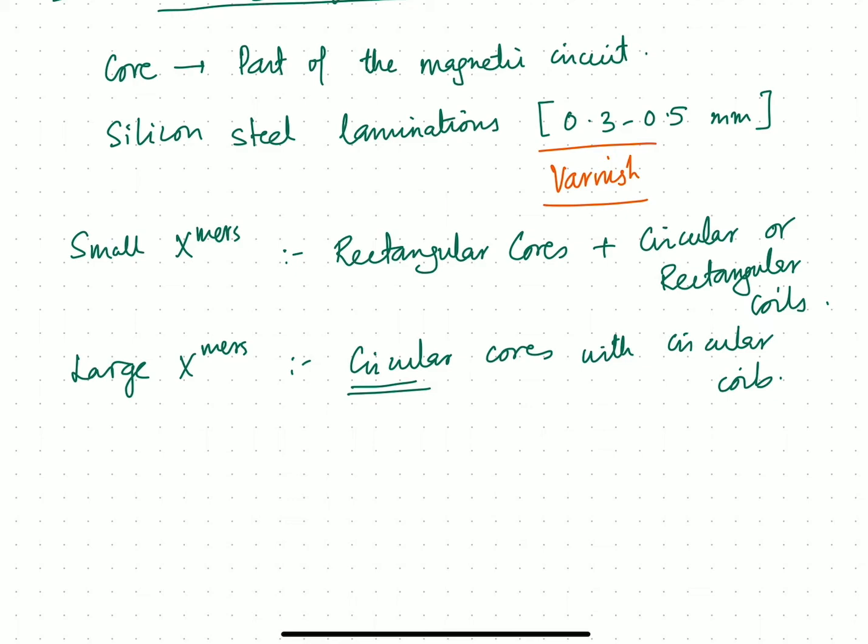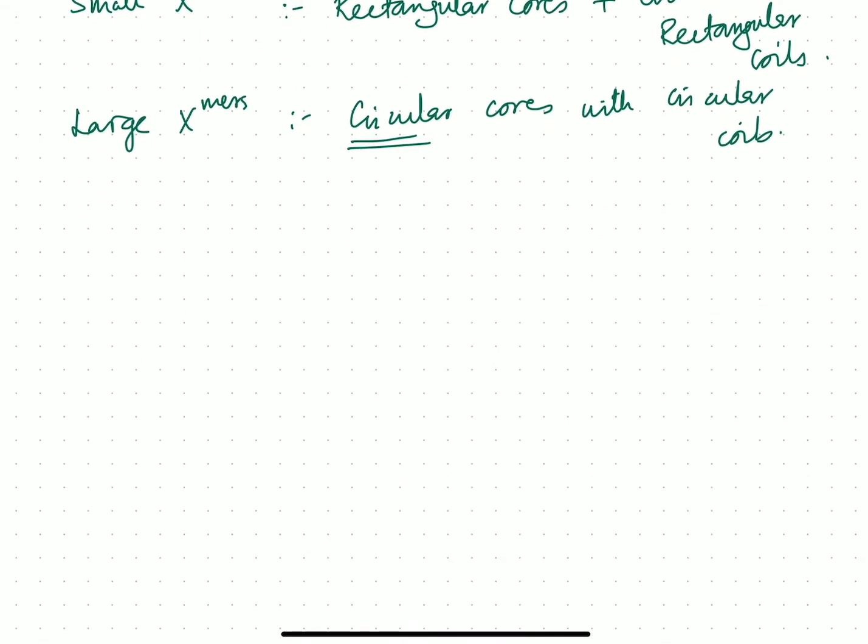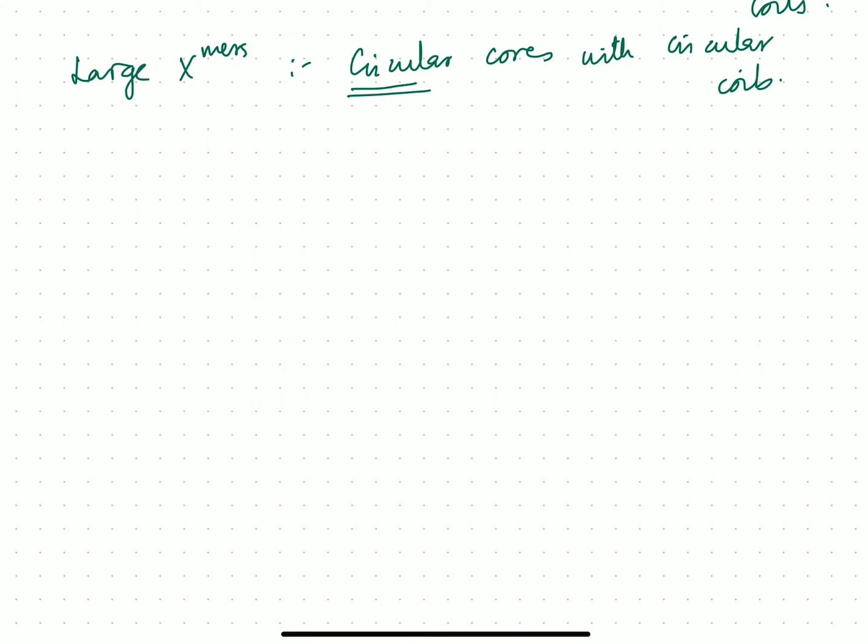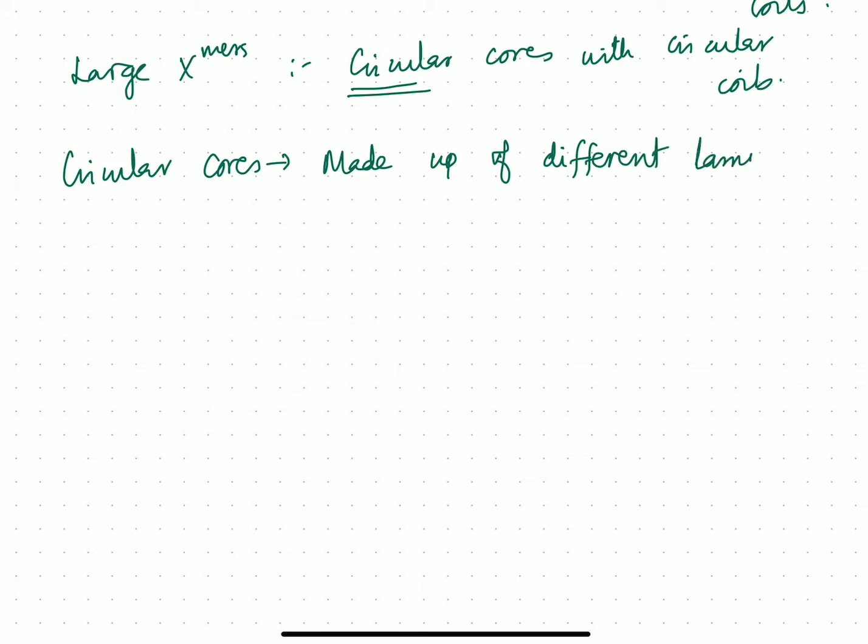So this circular core, as I discussed in the previous lectures, is made up of different types of laminations. Okay, so what are these laminations?